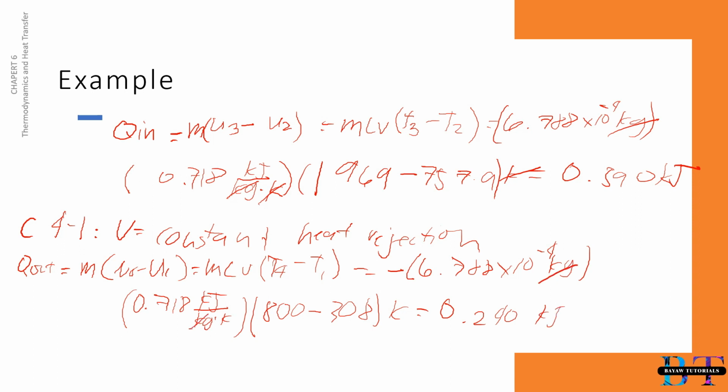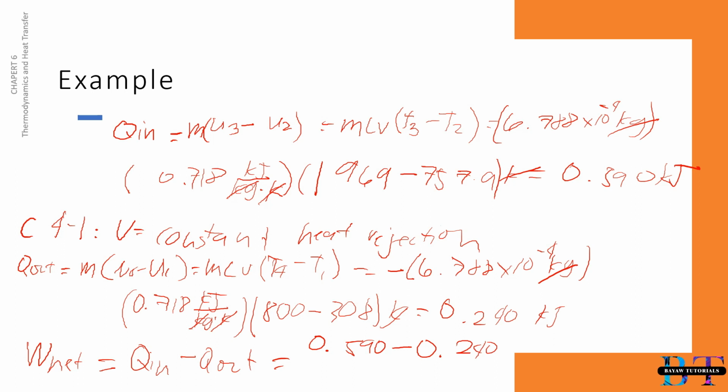Kilogram and Kelvin cancel, so the remaining unit is kilojoules. So our net work is equal to Q in minus our Q out, that is 0.590 minus 0.240, which is equal to 0.350 kilojoules.